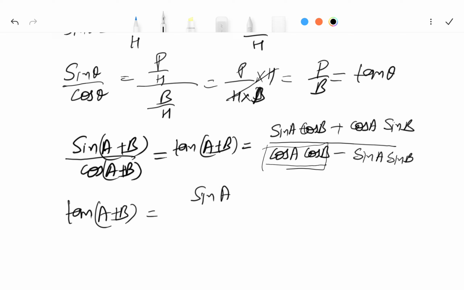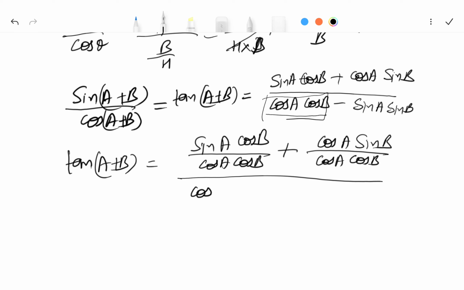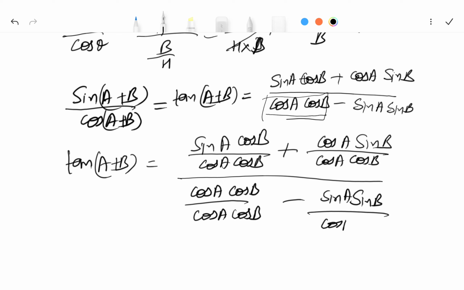Sin A cos B by cos A cos B plus cos A sin B by cos A cos B, over cos A cos B by cos A cos B minus sin A sin B by cos A cos B.